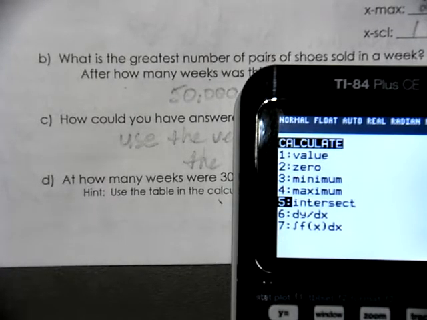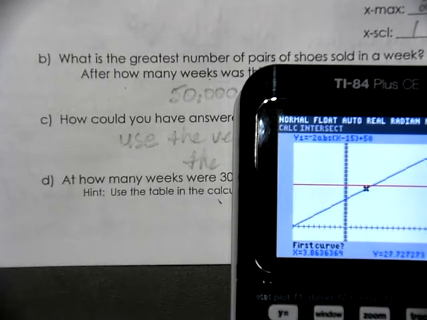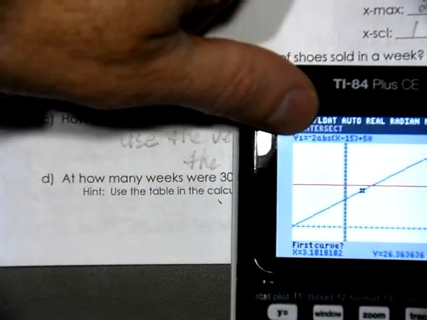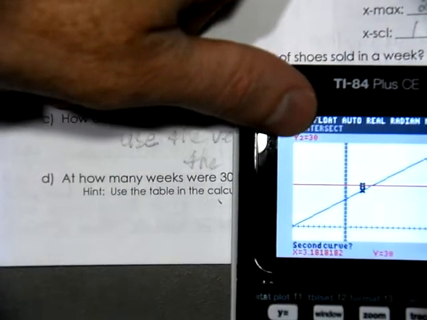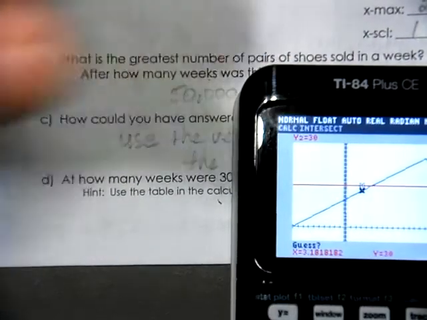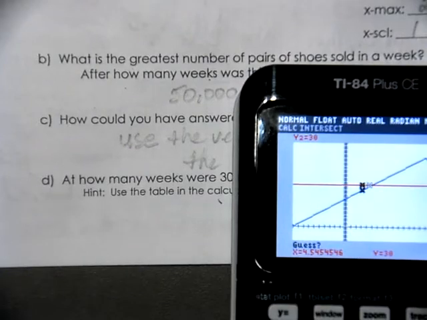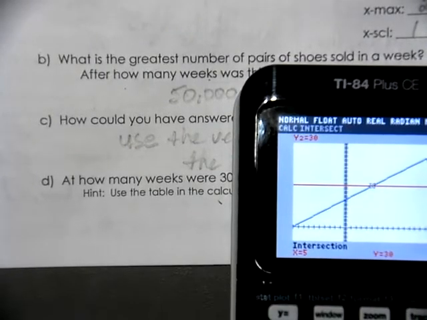And you go to intersect. And is that your first equation? Yes. Is that my second equation? Yep. Move your cursor next to an answer you're looking for. Hit enter, and it tells us at 5 weeks we get 30,000.